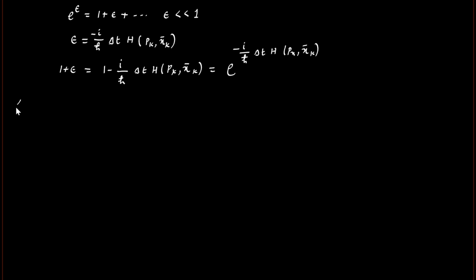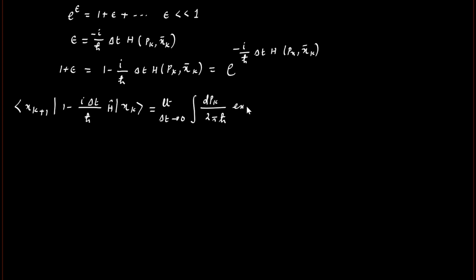So finally we will have ⟨x_{k+1}| e^{-i delta t H/h cross} |x_k⟩ is equal to, in the limit delta t tends to 0, the integral dp_k over 2 pi h cross, exponential. That's perfectly fine.